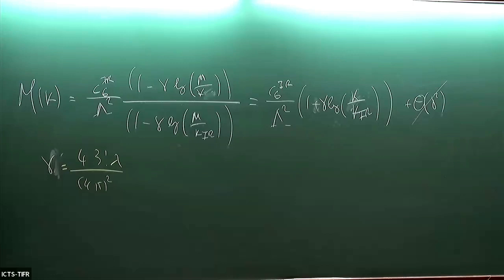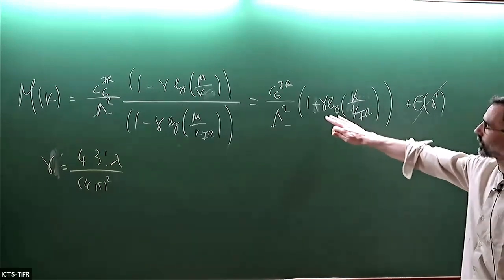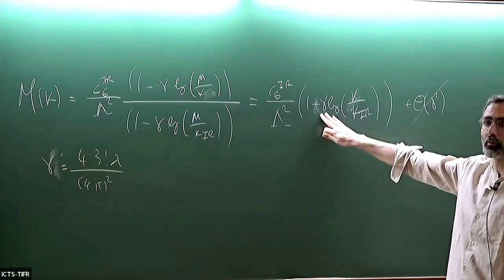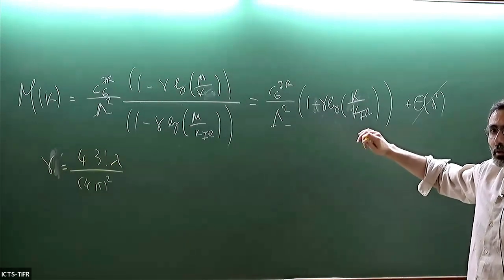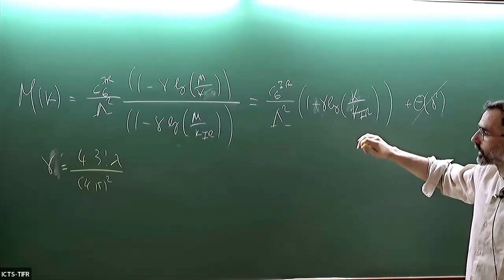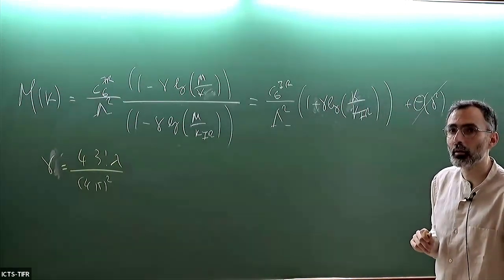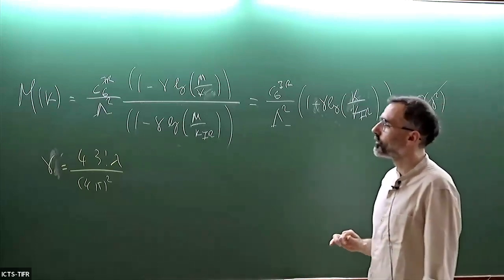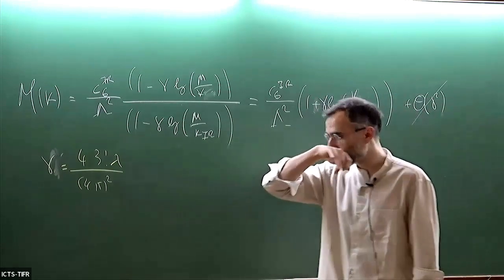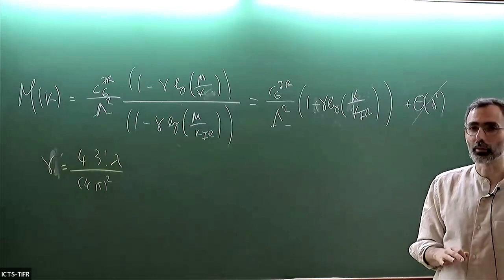Questions about this? This is gamma at one loop level, but there will be corrections there. It includes lambda, yes. You can do a little better, but that's what we're going to do for this lecture.